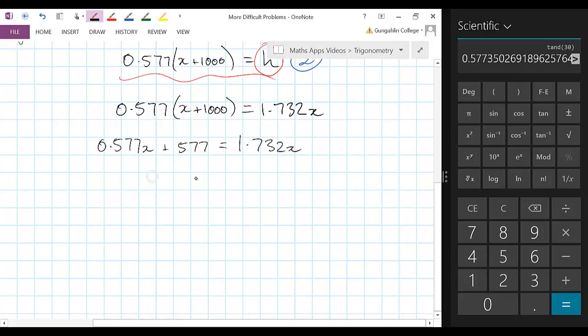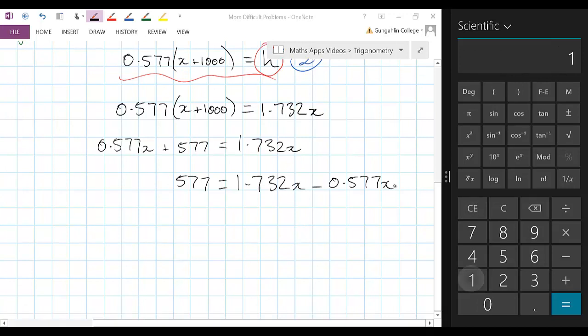So I'm going to get 577 equals 1.732x minus 0.577x. A lot of decimals there, I'm not going to risk it, and I'm going to use my calculator. 1.732 minus 0.577, and I get this, 1.155x is equal to 577.